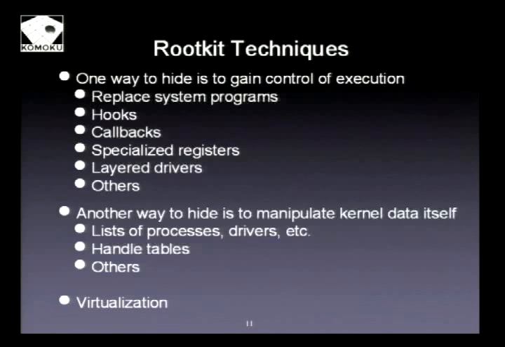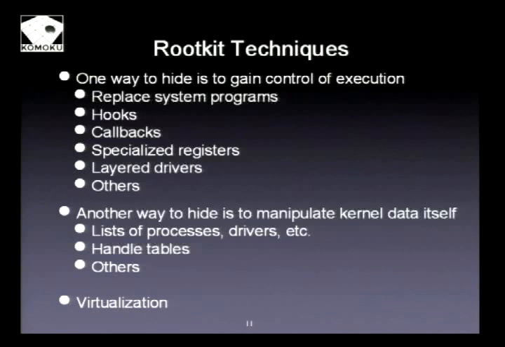Another way to hide your presence is to manipulate kernel data yourself. A couple of years ago, I pioneered a rootkit called FU, and it used a technique called DKOM, direct kernel object manipulation.